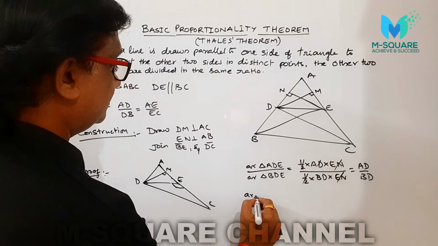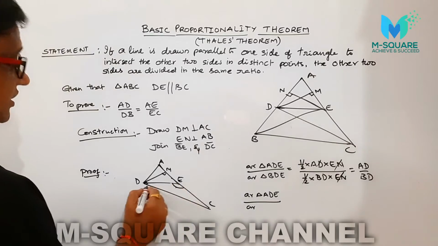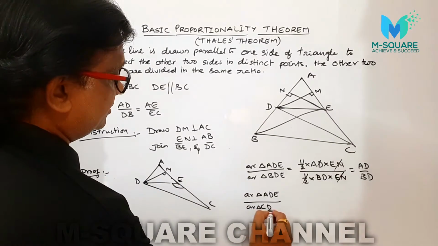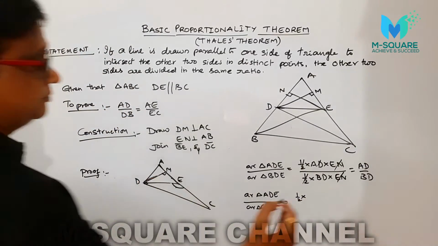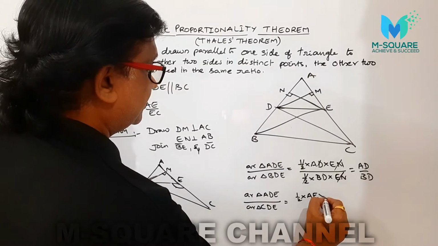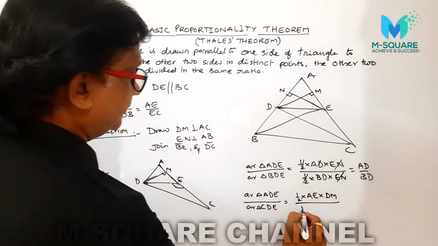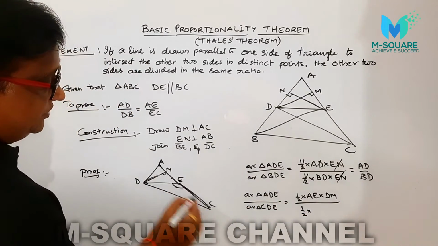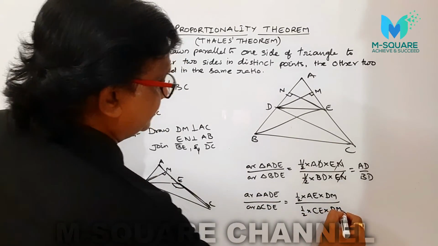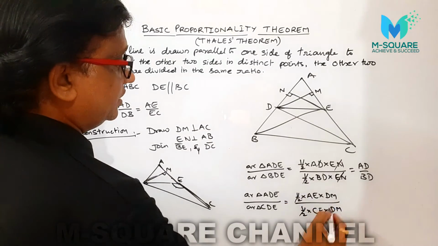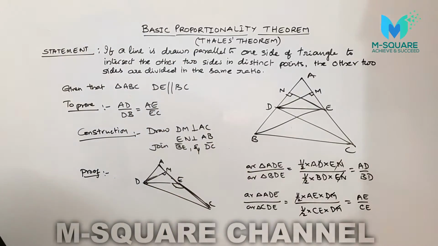So area of triangle ADE by area of triangle CDE is half into AE into DM over half into CE into DM. Half and DM cancel, so we get AE by EC. This entire theorem is based on areas.